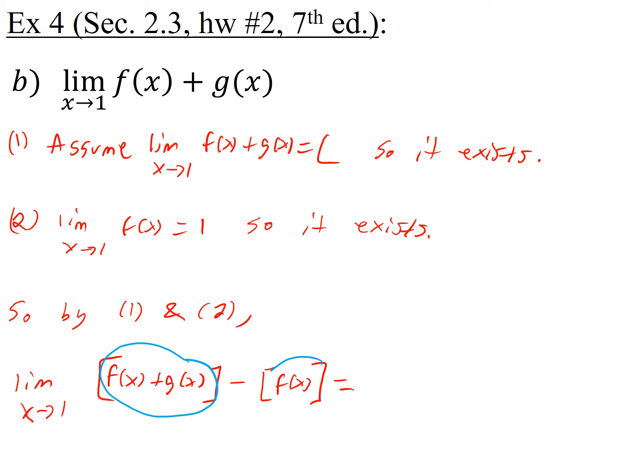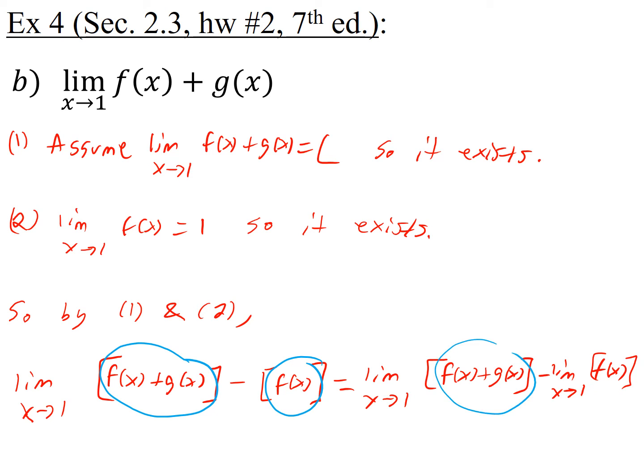And this limit existing. So I can put the limit in front of each of those functions from the subtraction limit law. And we get limit as x goes to 1 of f of x plus g of x minus limit as x goes to 1 of f of x. So we can do that since we know each of those limits exists. We know the limit of f plus g exists, we know the limit of f exists, we can do that.